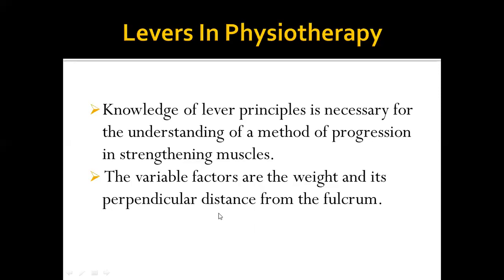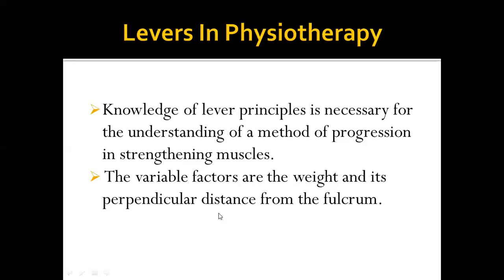So when applying resistance manually, for example, for the same abduction of the shoulder, if initially we apply the resistance just above the elbow, that would be much easier compared to the resistance applied at the wrist joint, right? So the resistance applied above the elbow would be easy to overcome compared to the resistance applied at the wrist joint.